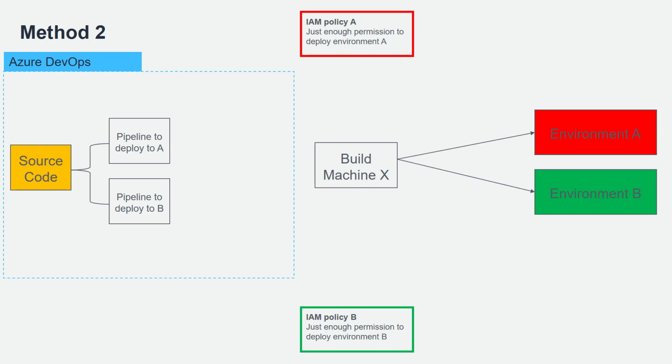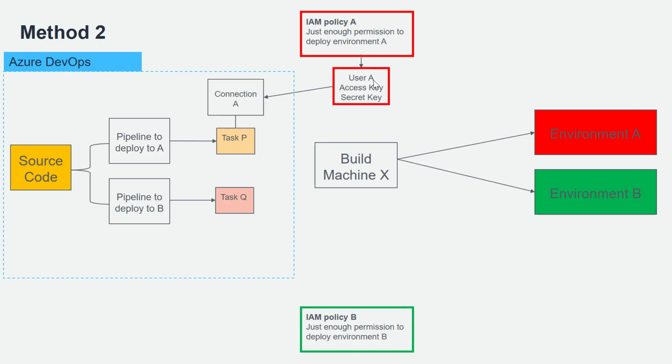So this is one method, but there are different ways that you can do this. Another method is that you use one build machine instead of two build machines. And you have these two pipelines to deploy into two different environments because their configurations are different. So you have this task P and task Q. So this could be a CloudFormation deployment task. It could be Elastic Beanstalk deployment task. It really doesn't matter. And then you create a user A with access key and secret key. And you create an Azure DevOps connection, attach it to the task.